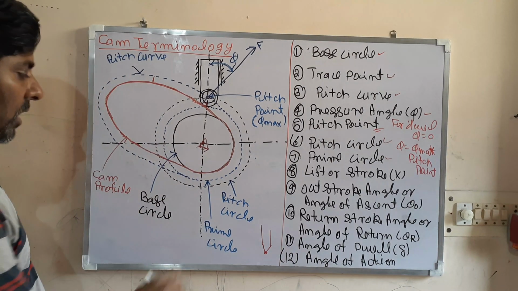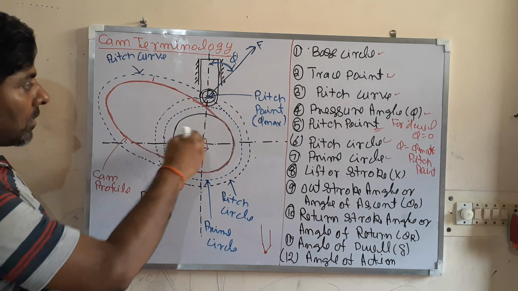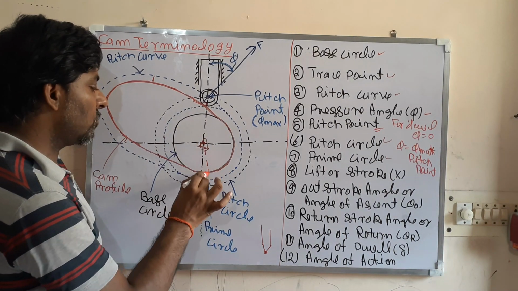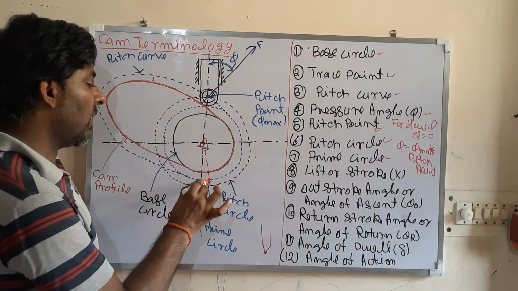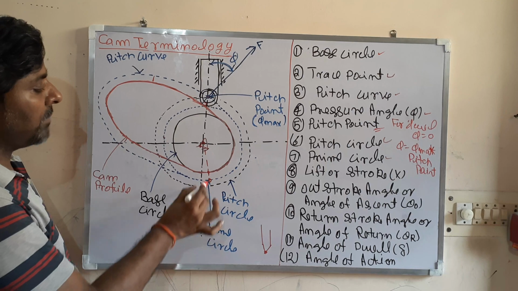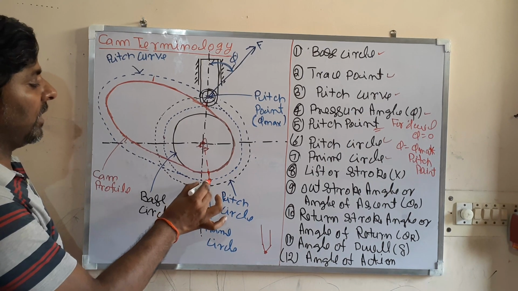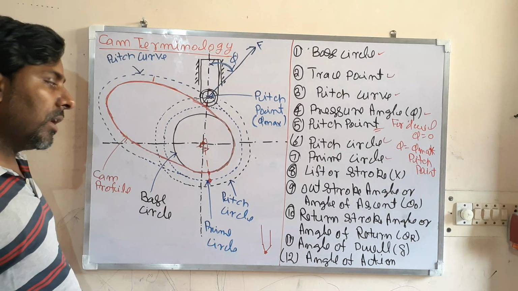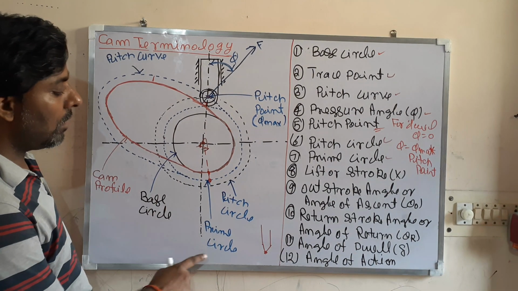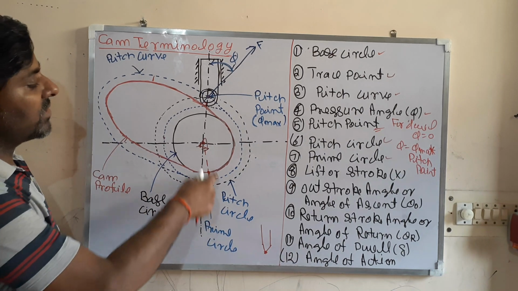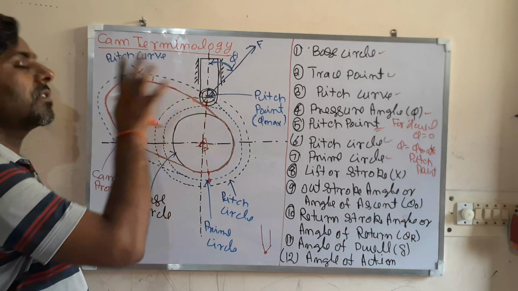That is known as the prime circle. For the roller follower, this is the base circle and this is the prime circle. You can see that the radius of the prime circle is more than the base circle by an amount equal to the roller radius. So to get the prime circle radius, you add the roller radius to the base circle radius.